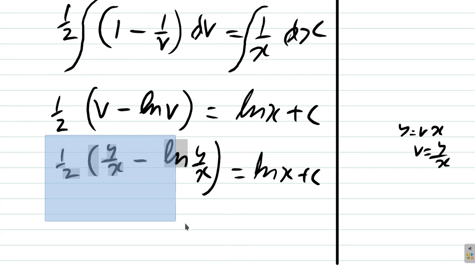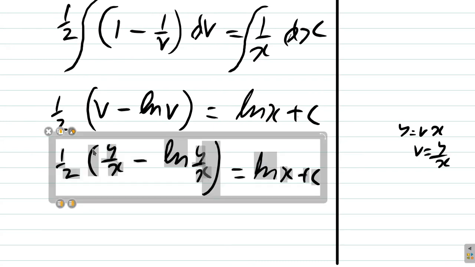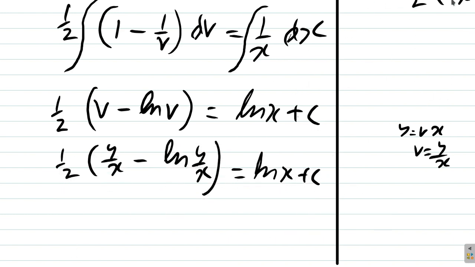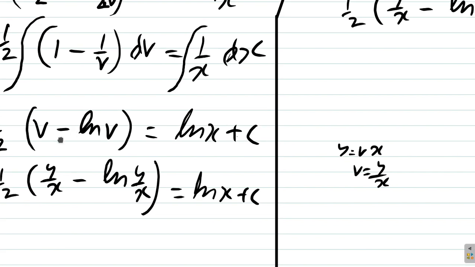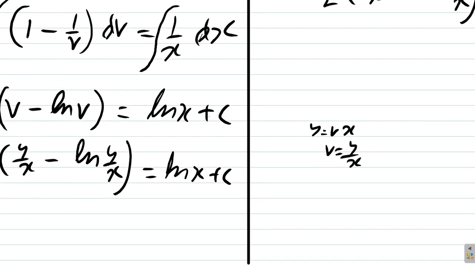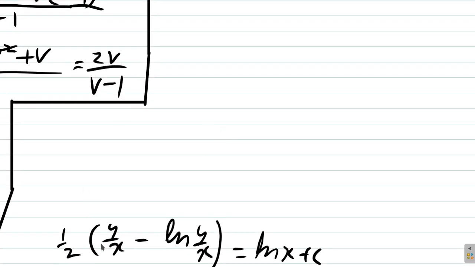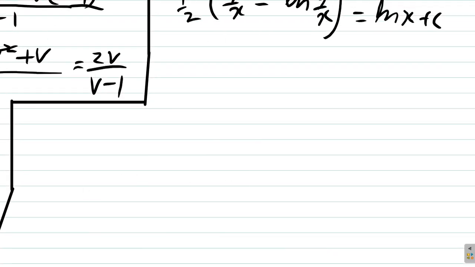Let me just copy this and combine this one and work with it up here. By the way, let's get this out of the way. Alright, so this is what we have here.